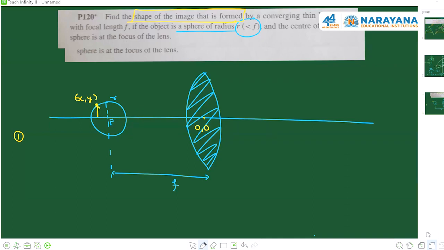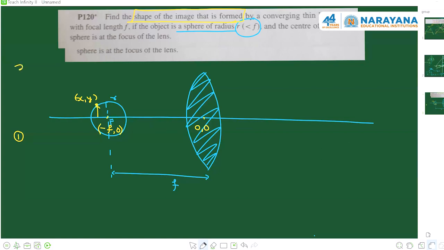By absolute basics, the coordinate of the center here is minus f comma 0. So the locus of points which are acting as object is the equation of this circle.